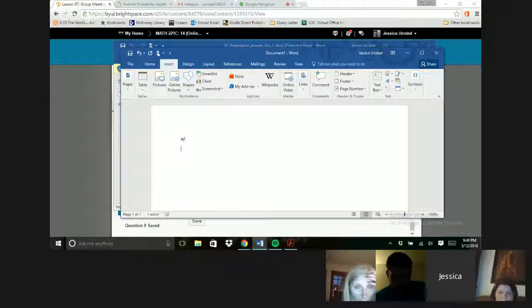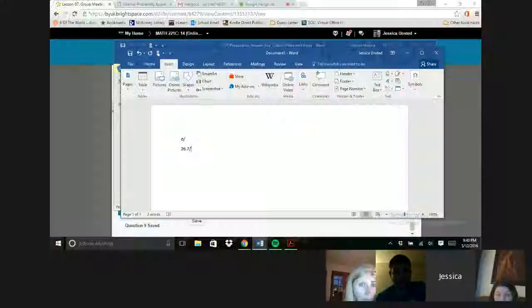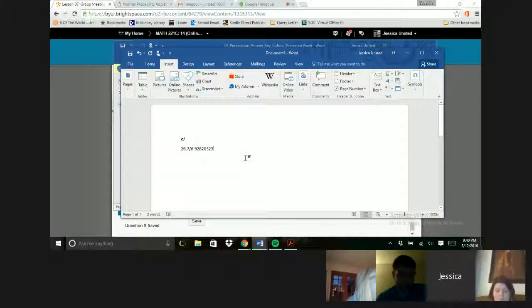Basically, this is what I put into my calculator. I did the 40, square root of 48, right? And then the square root of 48, which was some ridiculous number like 6.928203230.